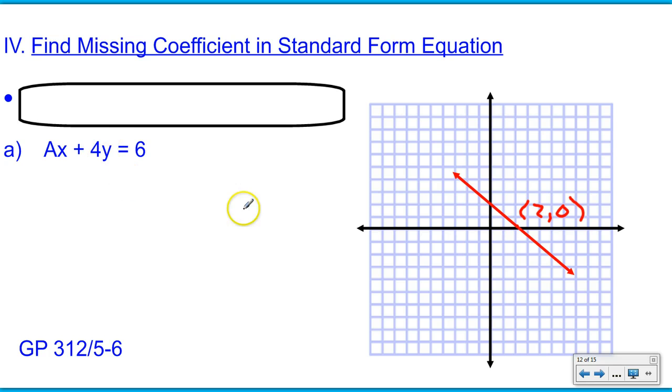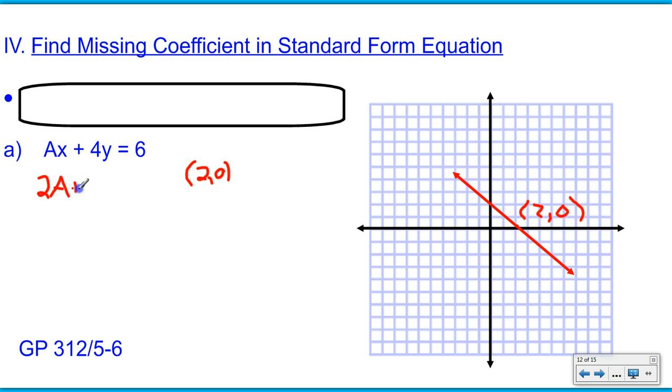And think. Let's see. Well, we could take the known point and do what with that? Plug it in, right? Yay, we could plug in 2, 0. And if we do that, let's see what's left. We have A times 2, right? Could also be written as 2A using what property? Commutative. Good.